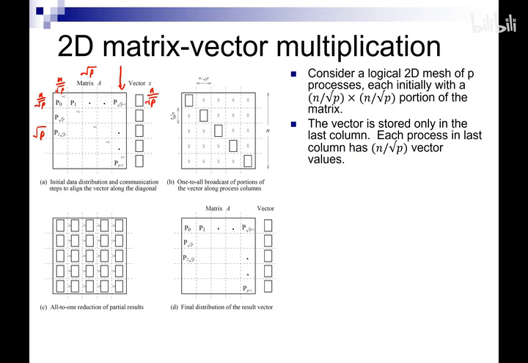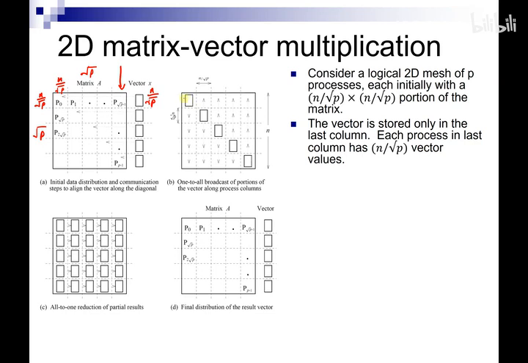The way this is going to work is that previously, in order to do the computation, you needed each processor to get the entire vector X. Now, we are not going to require that anymore. Instead, we want each processor just to get one chunk of X, since X has been broken into root P chunks.